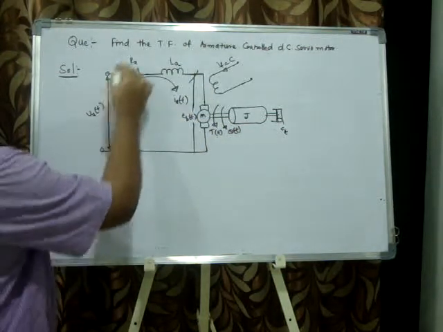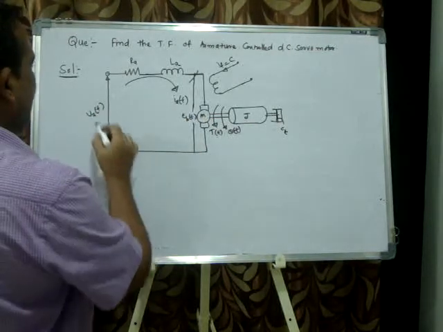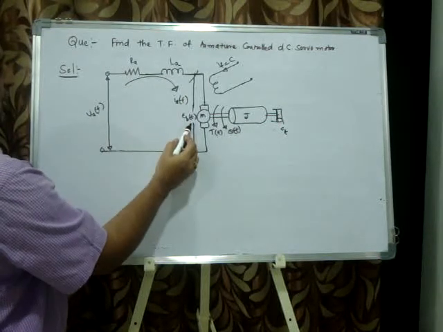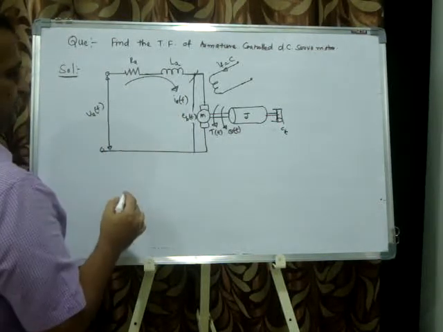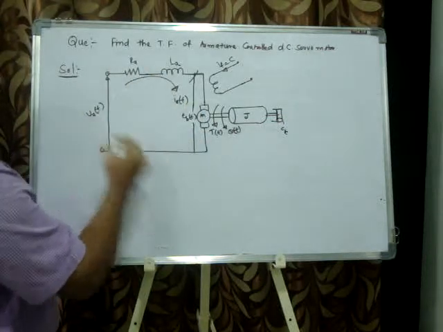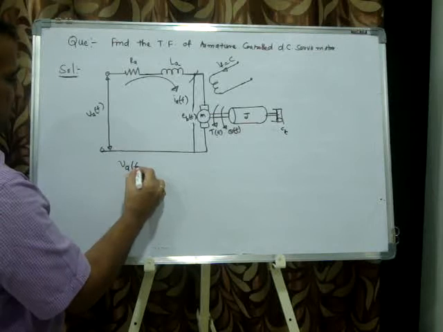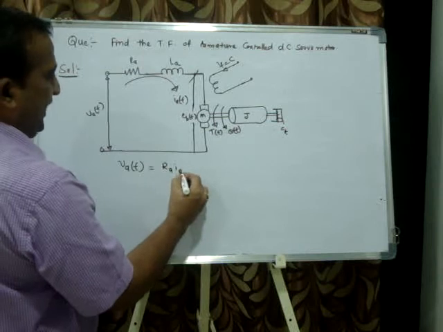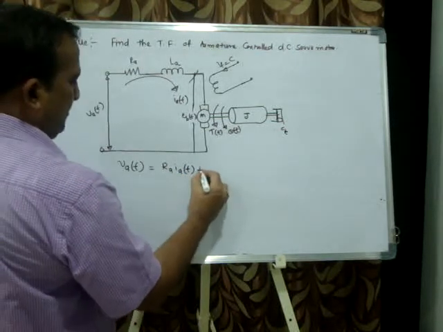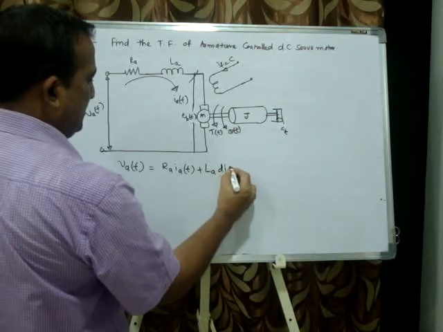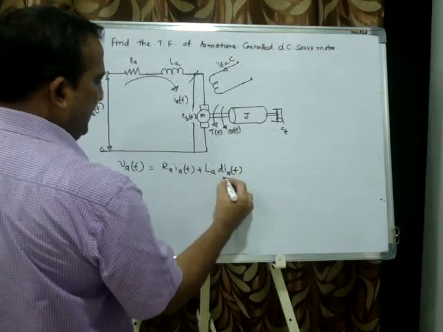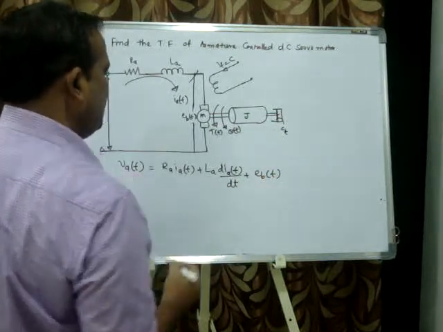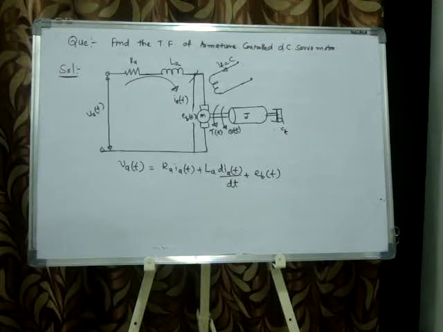By considering this electrical network and applying Kirchhoff's second law, the voltage law, the input voltage is equal to the voltage across the resistor plus the voltage across the inductor plus the voltage across the motor, that is the back EMF.